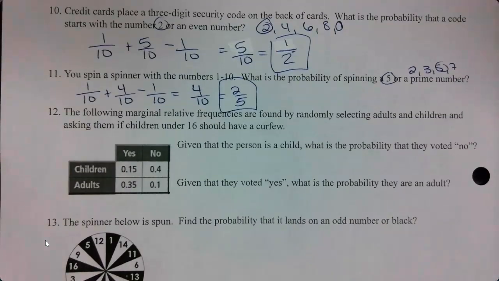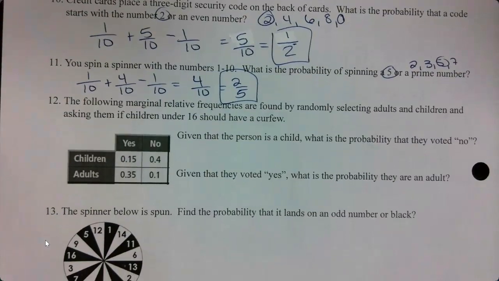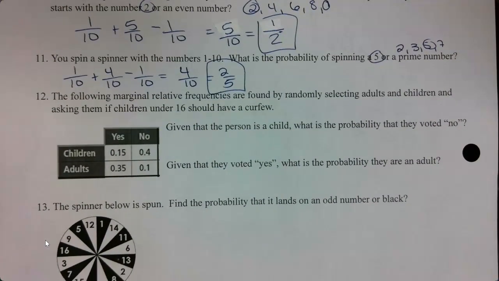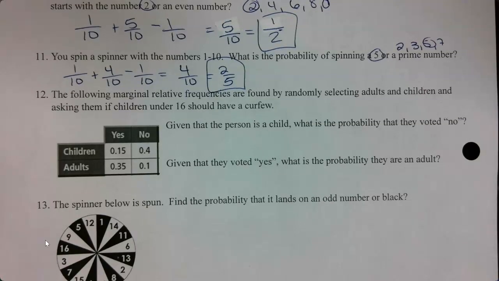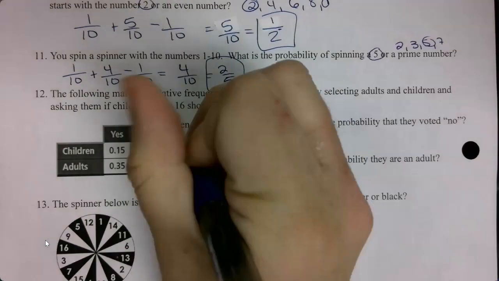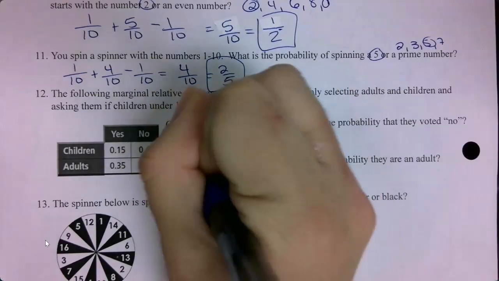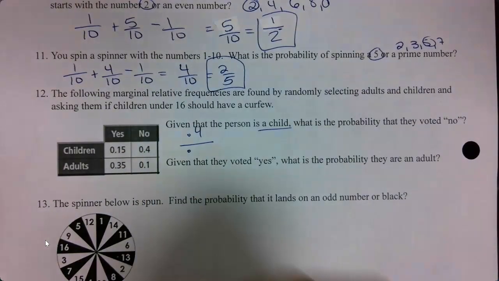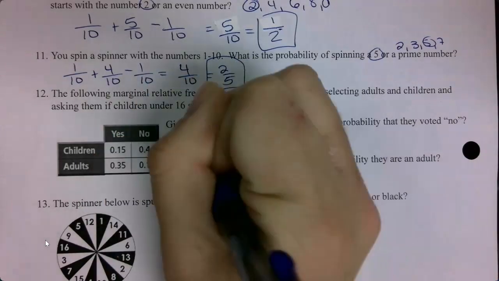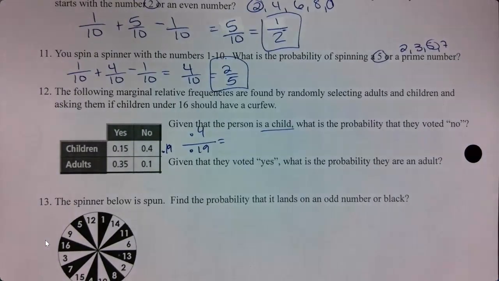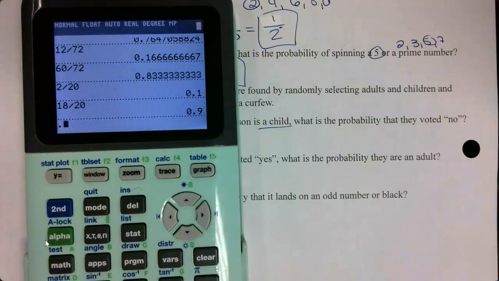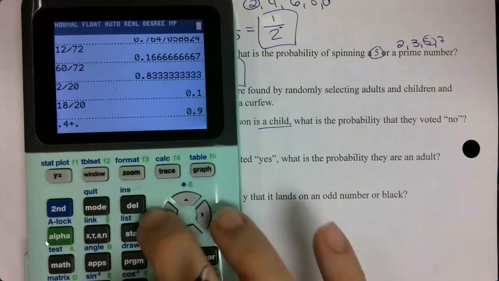Number 12 says the following marginal relative frequencies are found by randomly selecting adults and children and asking them if children under 16 should have a curfew. Given that the person is a child, what is the probability that the person voted no? So I have 0.4, and then because it specifically says given that they're a child, I'm going to divide by my total child. Oops, not plus, divided by.